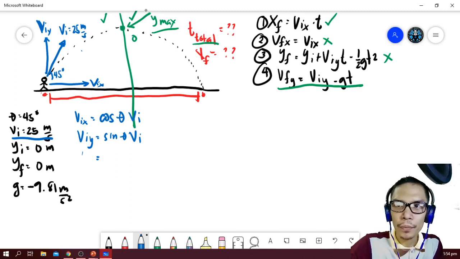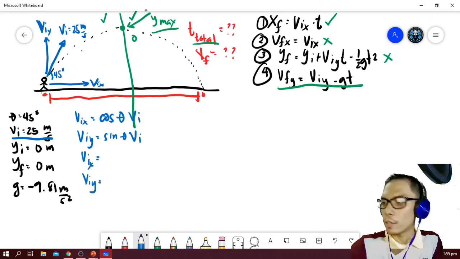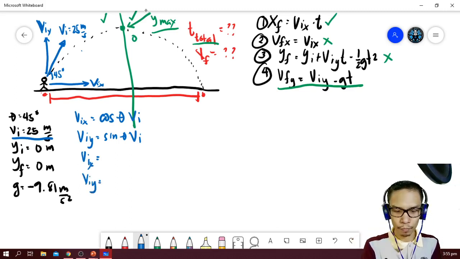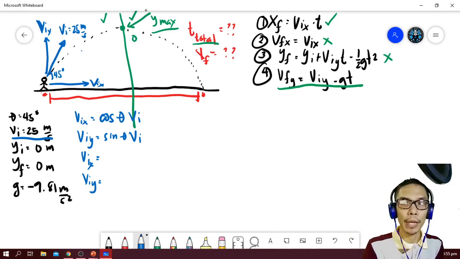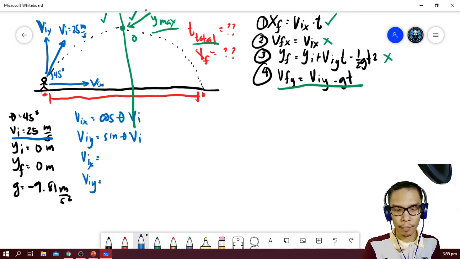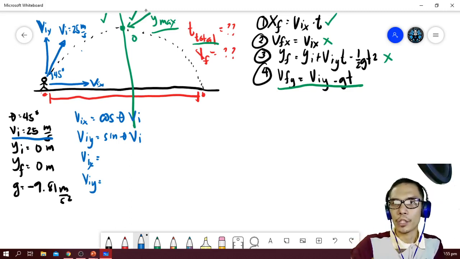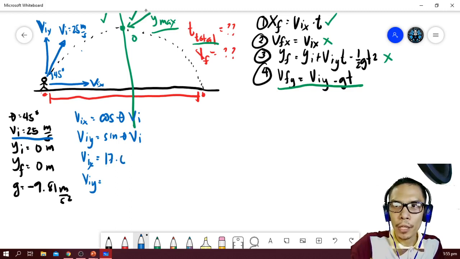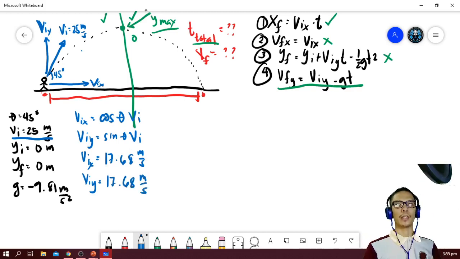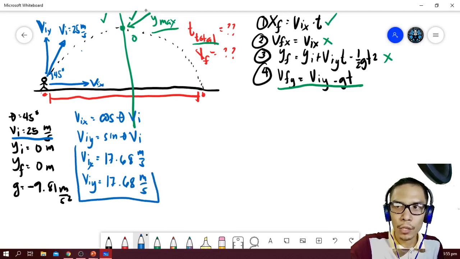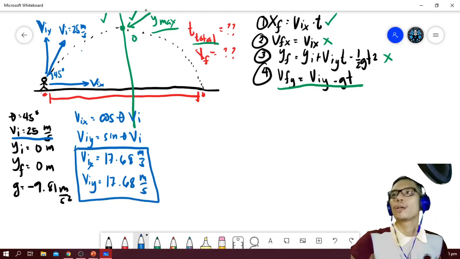Since that is 45, cosine of 45 is equal to the sine of 45, times 25. That is 17.68, so both of them are 17.68 meters per second. This is very important, so we need to box this one.